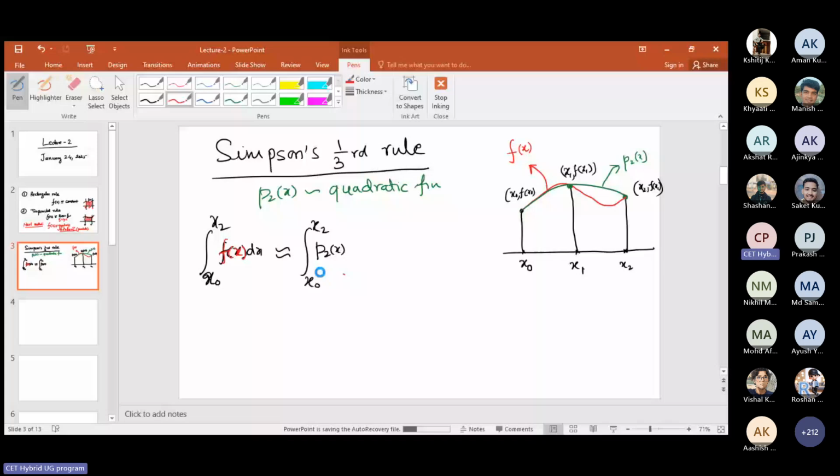So p2(x) I will replace by integral of p2(x) dx.